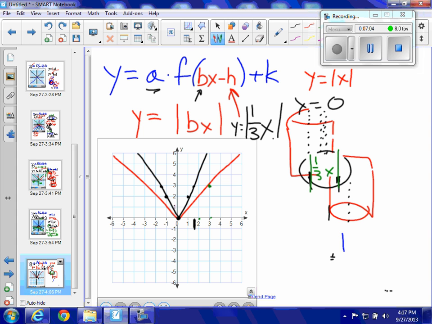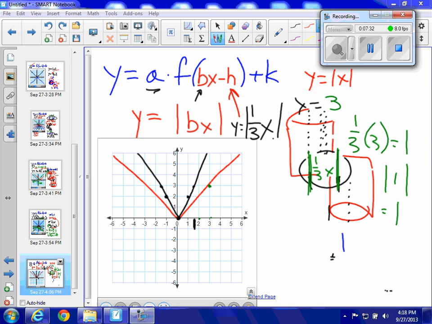What value do I need to put into the function machine to get a y value of 1 when my function is the absolute value of 1/3 x? Pretty clearly, I need to put in x equals 3, because 1/3 times 3 is equal to 1, and the absolute value of 1 is equal to 1. So where x equals 3, my y value is now going to equal 1. And that will be true also for negative 3.